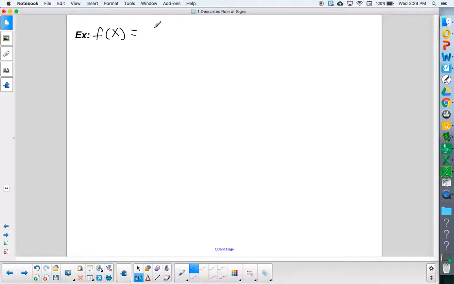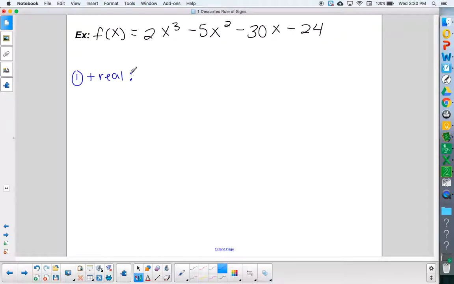F of x equals 2x cubed minus 5x squared minus 30x minus 24. Okay. So the first thing we're going to do is look at positive real. To figure out how many possible positive real solutions you have, you look at your original function.